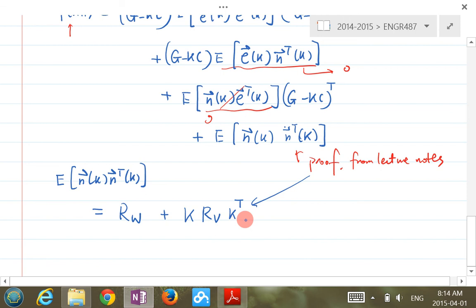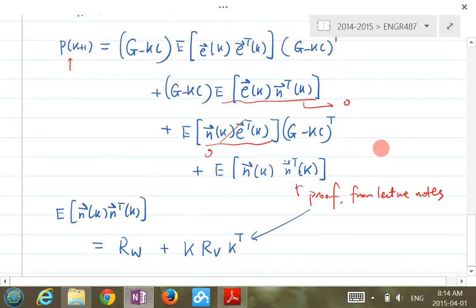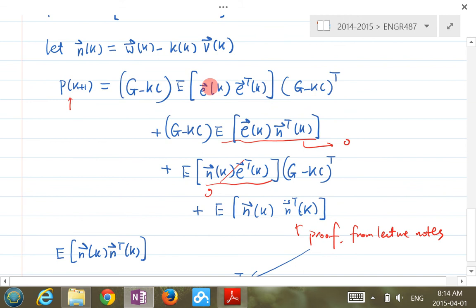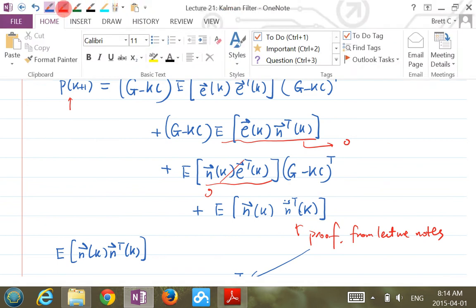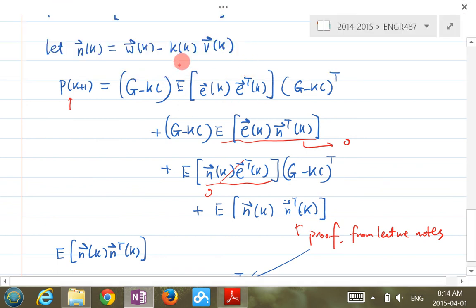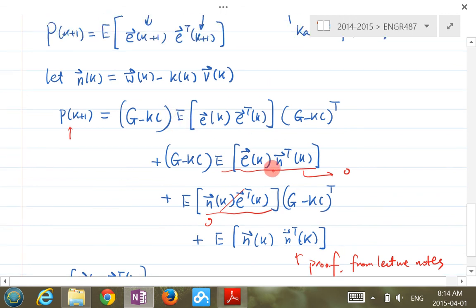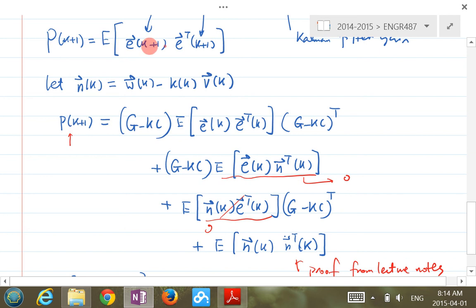So then what does that leave us for the error covariance matrix? Only two terms. First term is this, plus this term here. Look at the first term in here. What is this guy here? Expected value for error times error transpose. And what's this term?